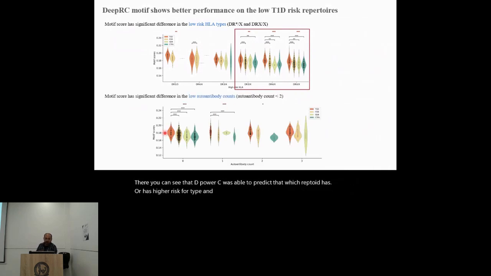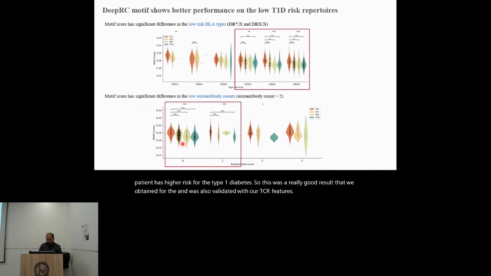And the same goes for the autoantibody counts. So if the individual doesn't have any autoantibody present, it can still tell which patient has higher risk for type 1 diabetes. So this was a really good result that we obtained for DeepRC and was also validated with our TCR features.